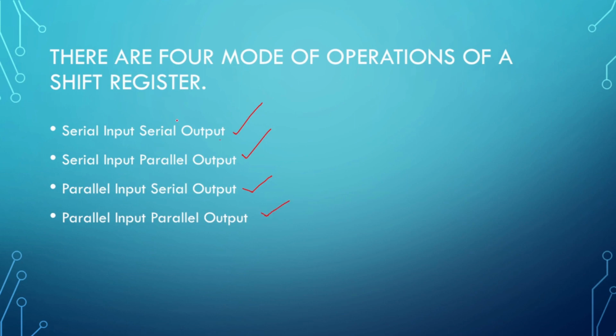In the serial in, serial out shift register, you give the input in serial mode and the output is provided in serial mode. In the serial in, parallel out shift register, the input is given in serial and the output is provided in parallel.